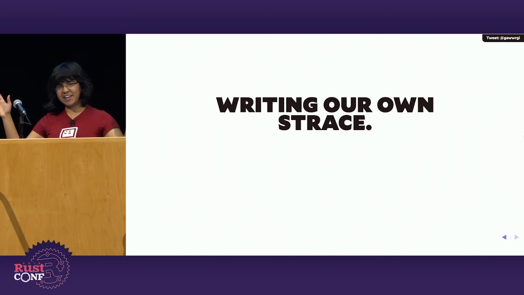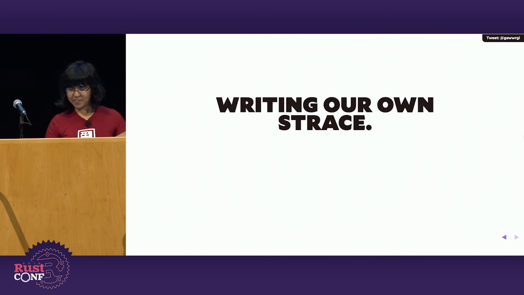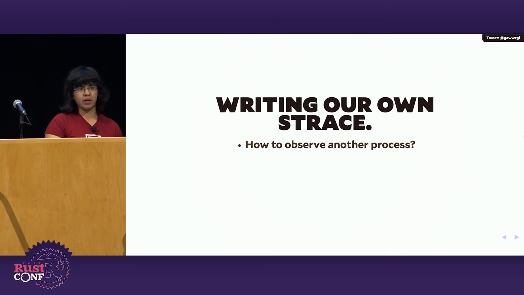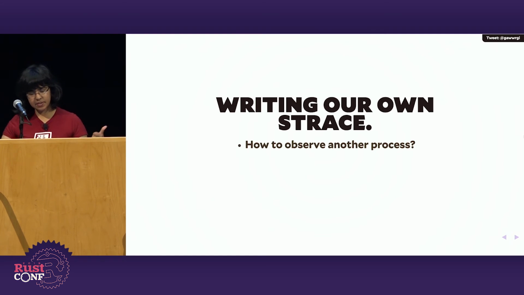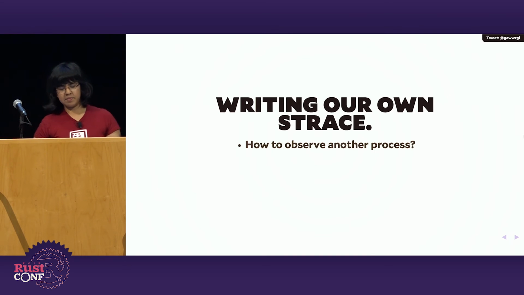So that's now the last part of my talk, which is we will write our own STrace. We need 3 things to write our own STrace. One is we need to know how to observe another process, which is an important part because we want to find out how many system calls this other process is making.